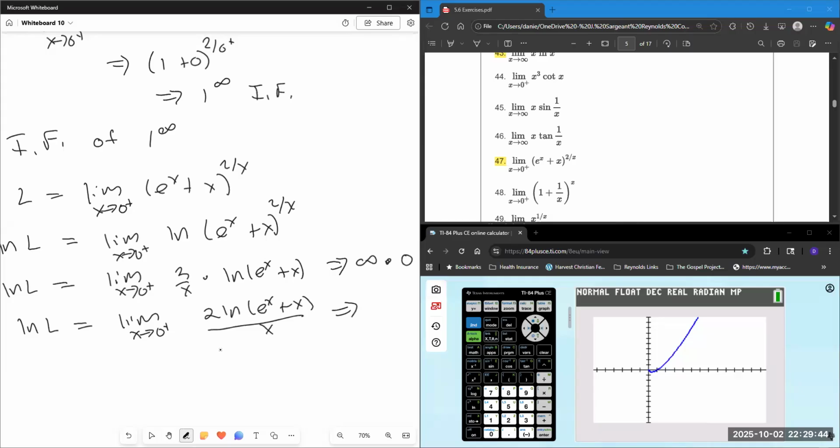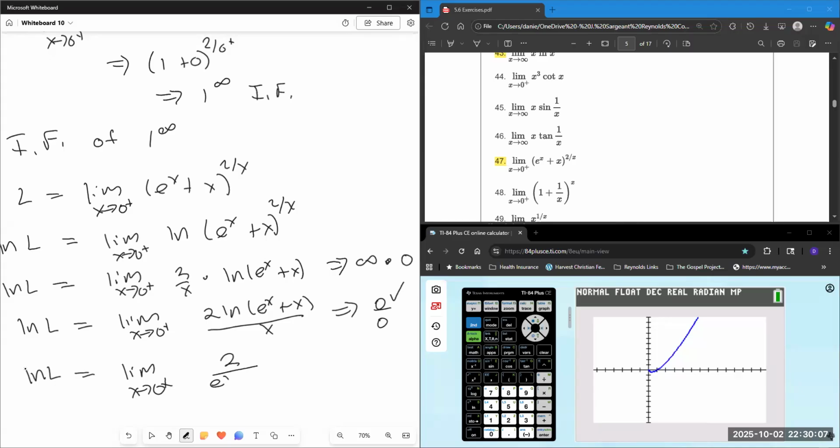Now if I try direct substitution, that's 0 over 0, which is a good form to use L'Hopital's rule with. Leave the left-hand side alone because it doesn't have a limit that I'm using L'Hopital's rule with. It's this limit on the right that I'm using L'Hopital's rule on. So leave the limit alone.